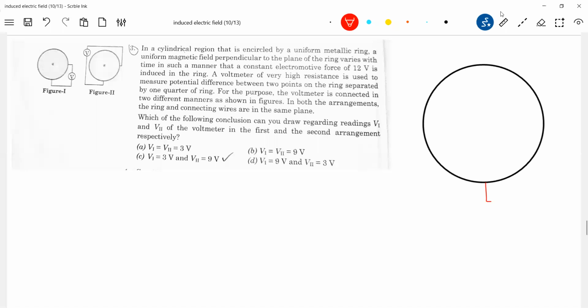These are voltmeter wire. And B bar is varying in this. Who can produce such a field? Solenoid. Radius of that.